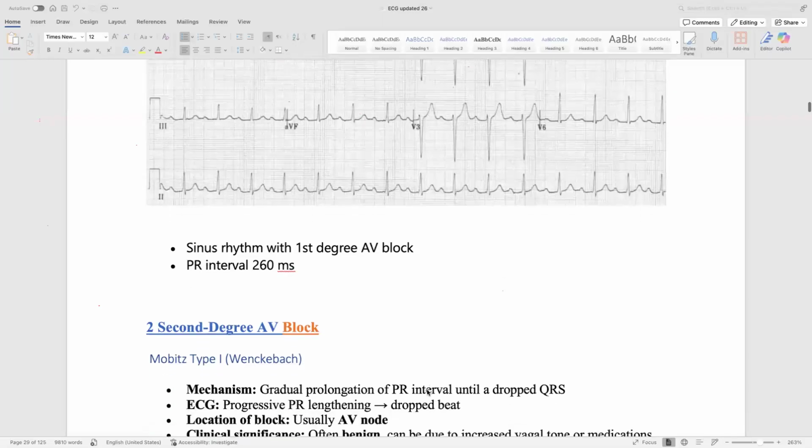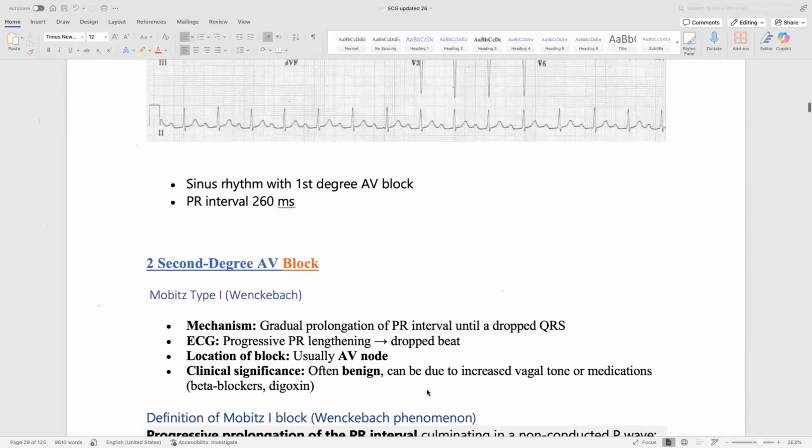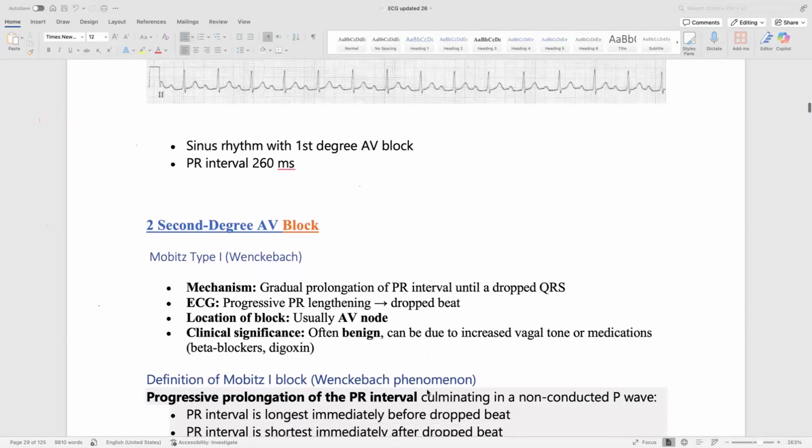All right. Second degree. There are two types. One is Wenckebach, which is Mobitz type 1. There is prolongation, but it is not fixed prolongation. It changes from every beat.